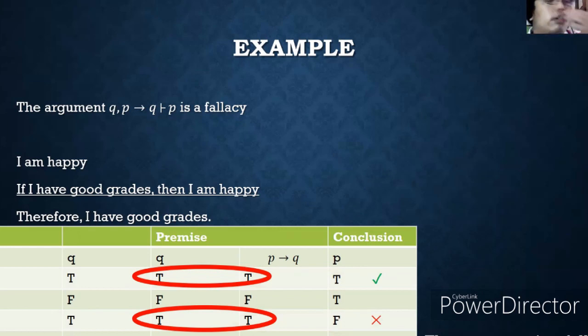In order for us to say that an argument is valid, if all our premises are true, then it must lead to a conclusion that is true. If at least one is false, then that is already a fallacy.